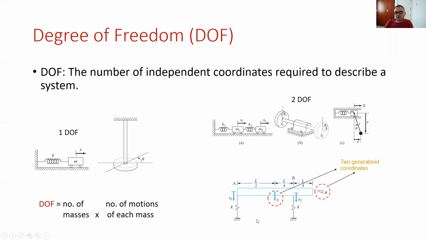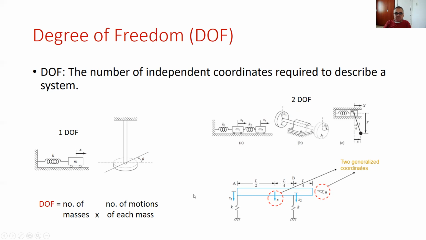And for this beam that is vibrating, we also require two coordinates, such as x and theta, or you might use x1 and x2 as coordinates. In any case, the plane vibrations of this beam is a 2 degree of freedom system.